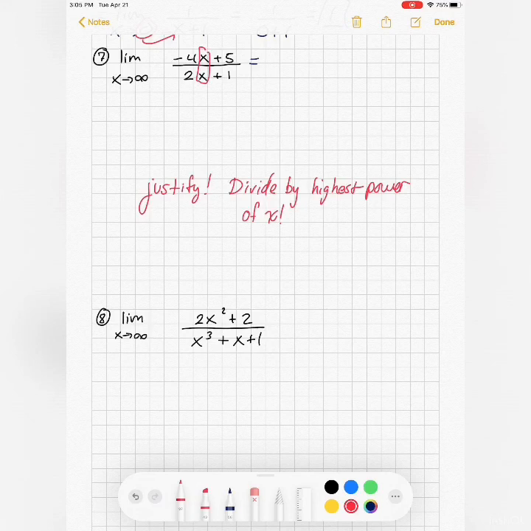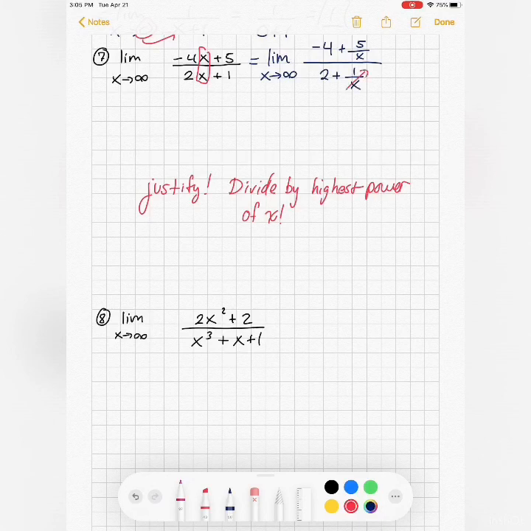Okay, so the highest power of x, in this case, well, it's just x to the 1. Okay, so let's see, that's going to leave me with -4, 5 over x.